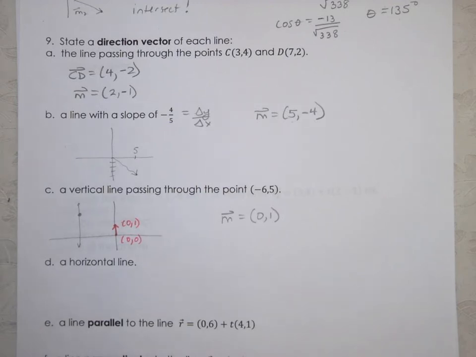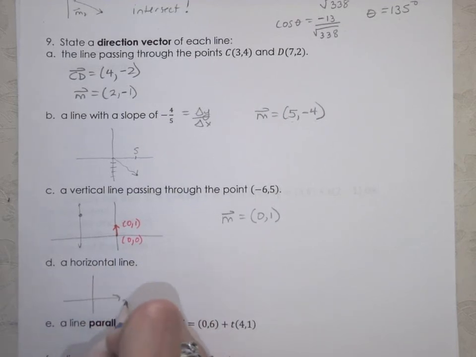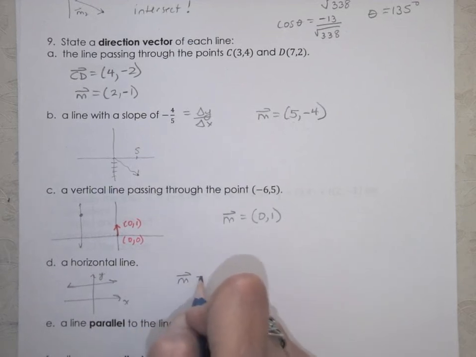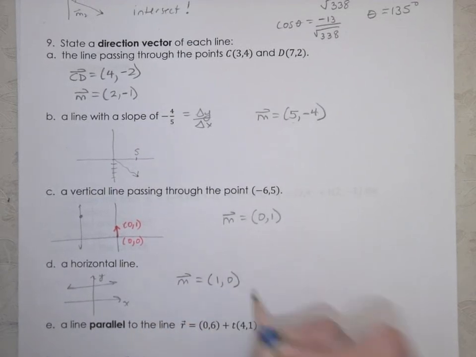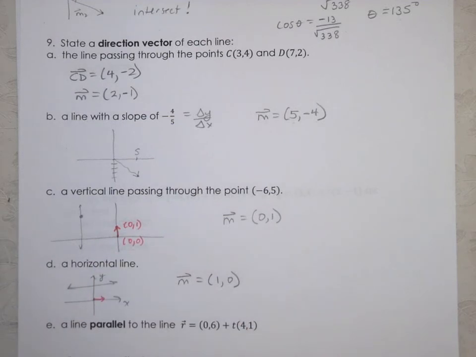It's kind of the simplest vertical line direction that you could present. A horizontal line, so in this case we're going to have a line going horizontally. The simplest direction vector we could give for that would be parallel to the direction 1, 0, which is this direction here, from 0, 0 to 1, 0.